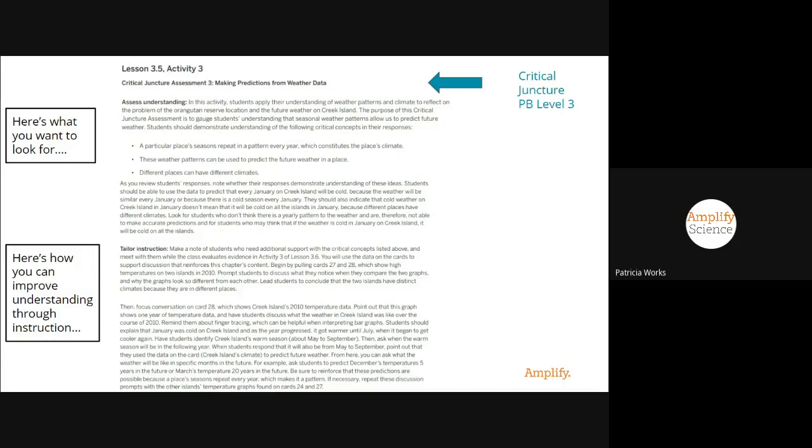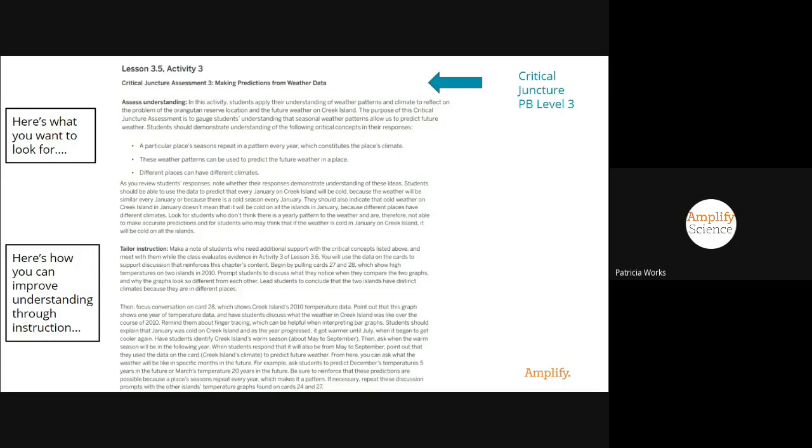Students complete investigation notebook page 50, looking at line plots for temperatures in January and August on Creek Island. The questions assess whether students can predict future weather in a place by looking at data, and whether or not they believe all islands are likely to have this same climate. Suggestions to support students who need additional help with these ideas suggest meeting with the group during the next lesson as the class is evaluating evidence.